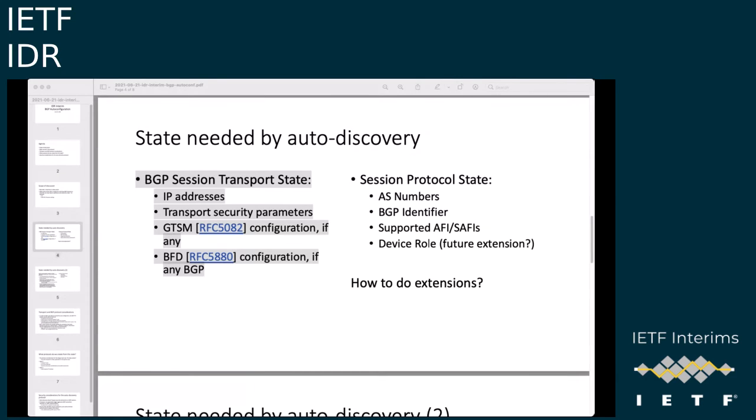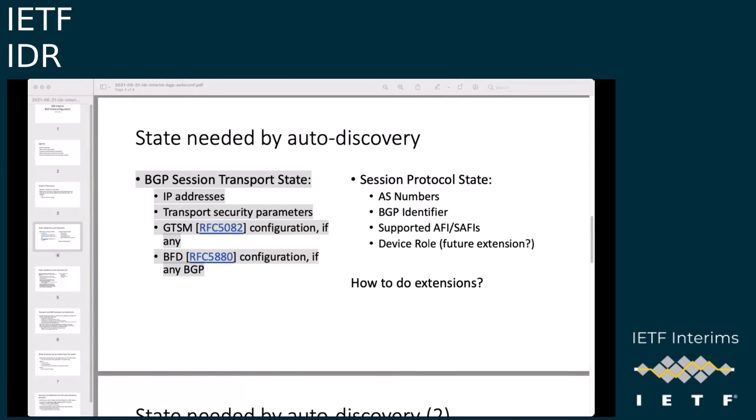Jeff, did I hear you mention that instead of these session protocol state parameters we have something like a profile ID, or some identifier or tag being exchanged, to help perhaps the receiving router do some kind of checking or validation before it even allows the connect?